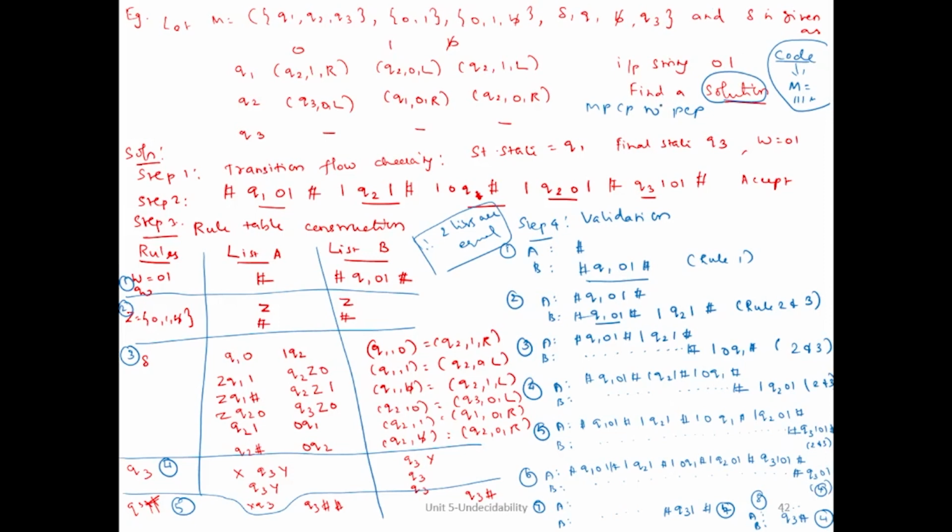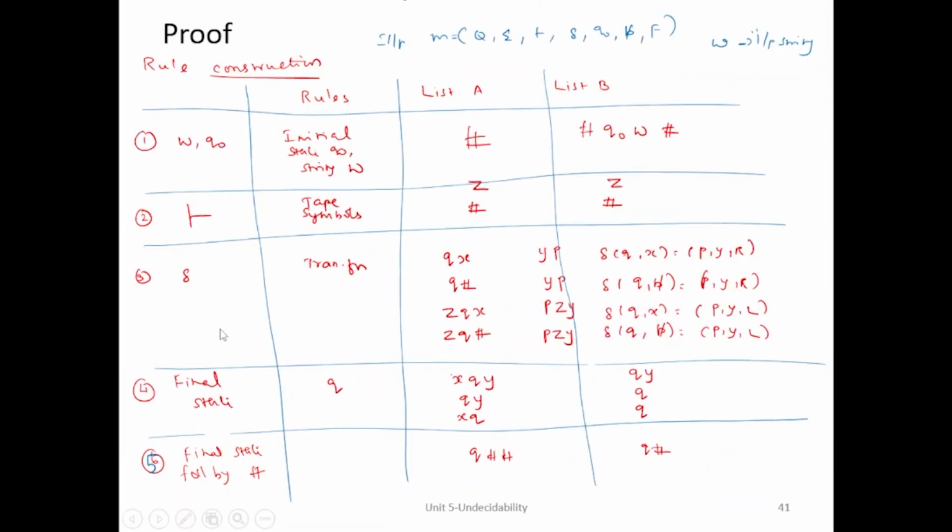If a question is asked like find a solution, we should construct rules using a rule table format and try to equalize list A and list B. I already gave the rule construction notation. There are 5 different rules available. The first rule is framed with the initial state and the given input string.